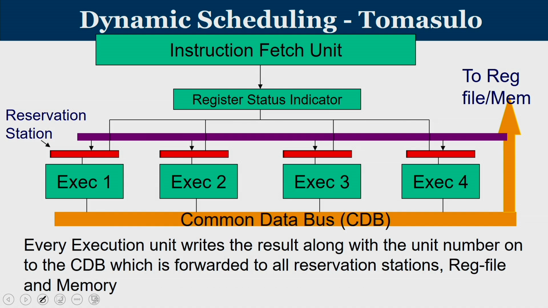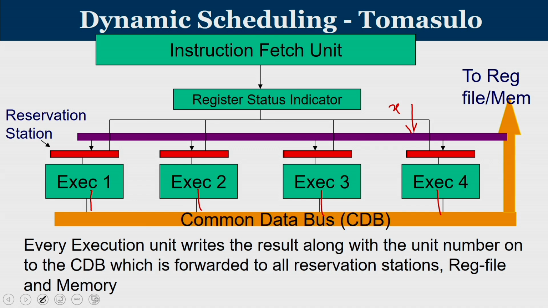Every execution unit writes the result along with the unit number onto the CDB, which is forwarded to all reservation stations, the register file and memory. Now, the concept that we have to understand is that you have a common data bus to which many execution units are directly connected. Let us say a value X is available in this CDB.